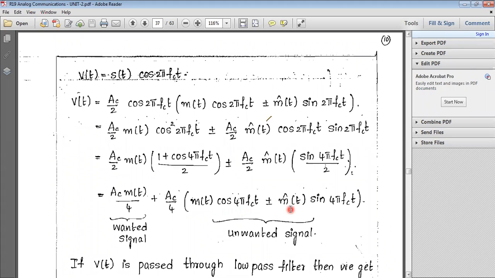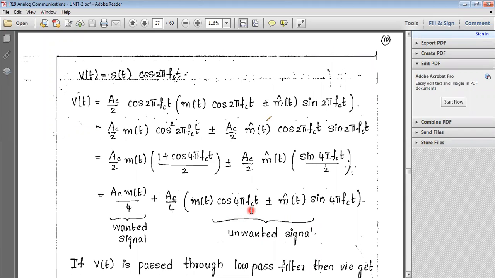If you observe this expression, where do we have m of t? At the first term, that is Ac by 4 m of t. It is the wanted signal. But in the remaining signal we have a carrier frequency, that is cos 4 pi fct and sin 4 pi fct.